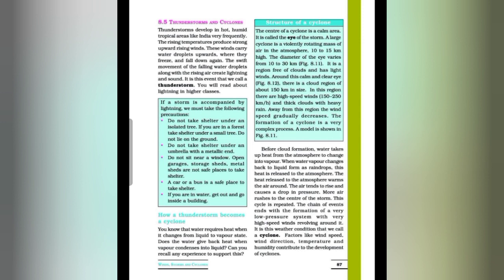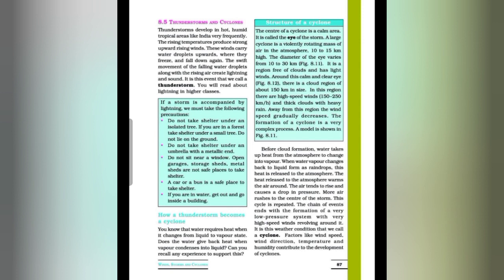A car or a bus is a safe place to take shelter. If you are in water, get out and go inside a building. It is safer to be under shrubs or a collection of trees of uniform height, and a single tall tree is close to the clouds, thus more likely to be hit by lightning. So during lightning, you should avoid contact with water and metallic objects.